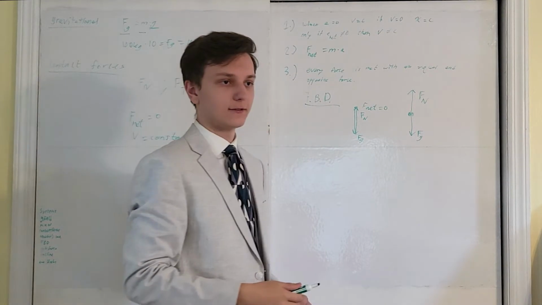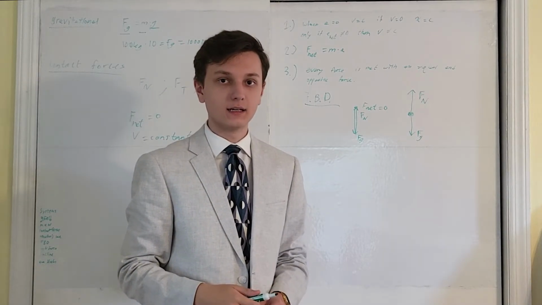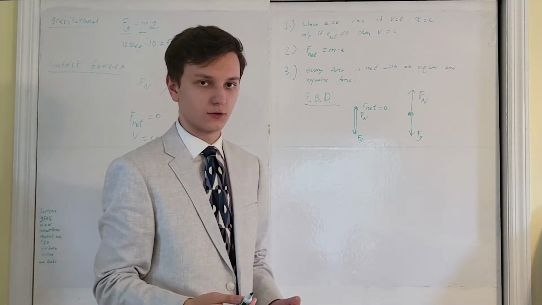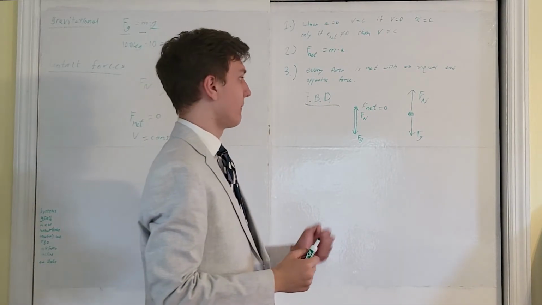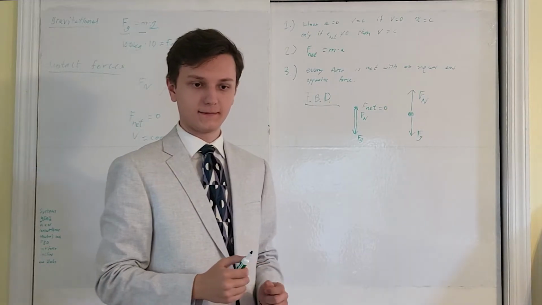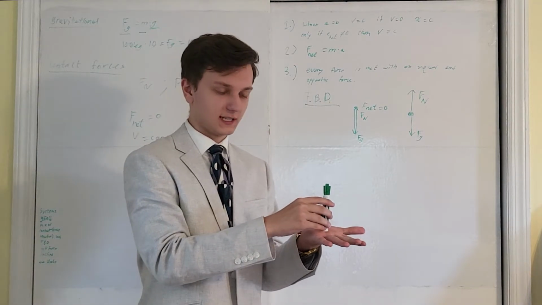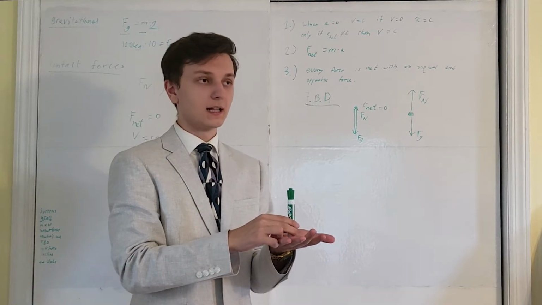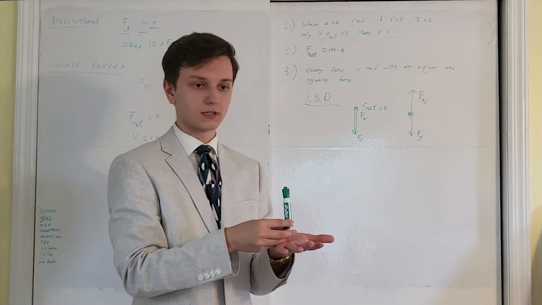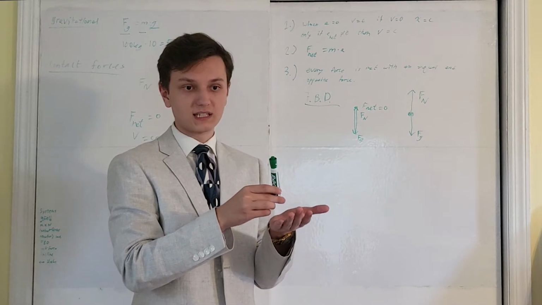You calculate net force not by adding the magnitude of each force, not by adding the numerical value, but by adding the vectors. If the normal force is pointing upward and I define the positive direction as being upward, let's say this exerts a force of plus 10 newtons.